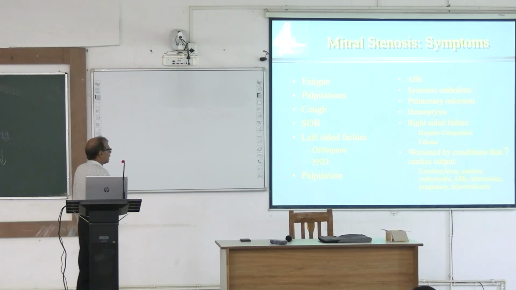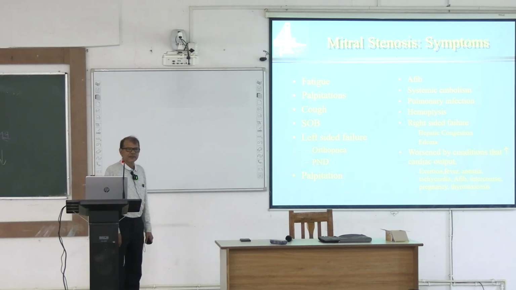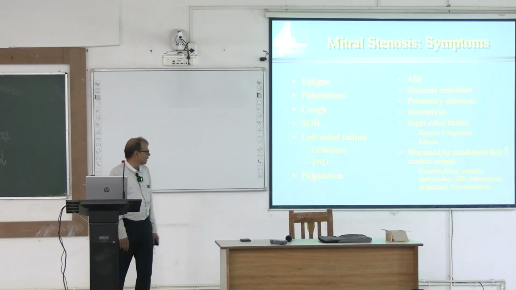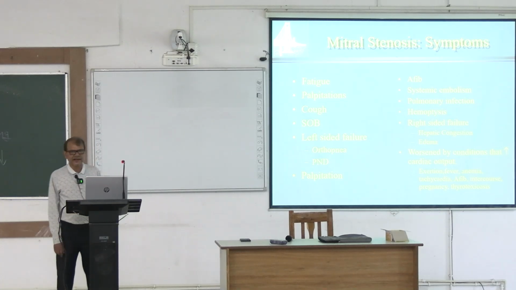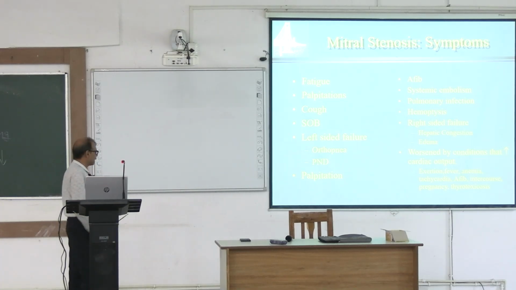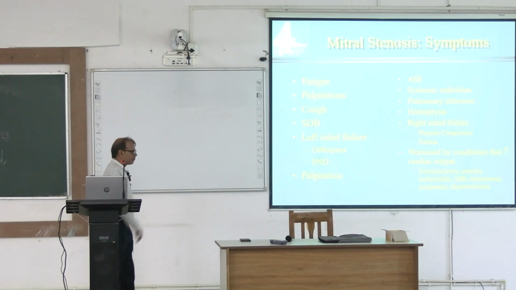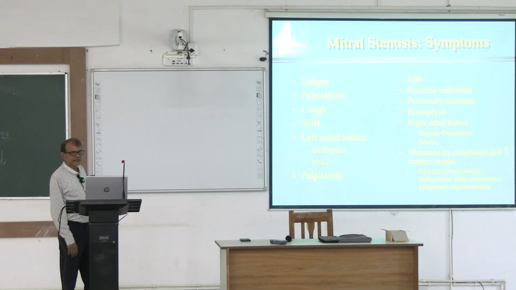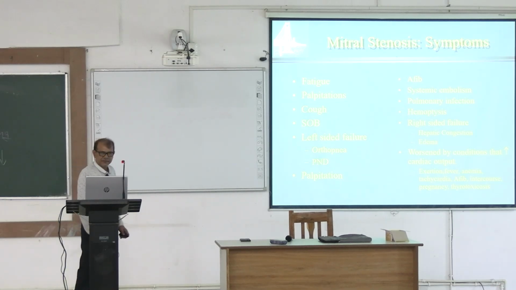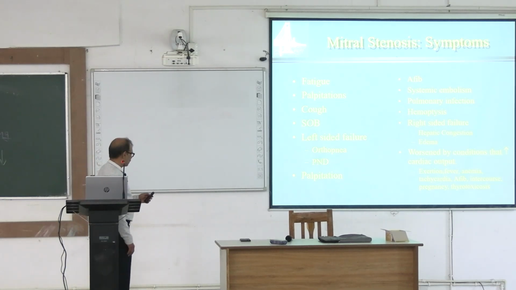And atrial fibrillation, systemic embolization, repeated pulmonary infection, hemoptysis, right-sided heart failure, and worsened by conditions that may increase the cardiac output, such as increase in heart rate or development of arrhythmia or pregnancy or thyrotoxicosis. These are the symptomatology resulting from mitral stenosis.